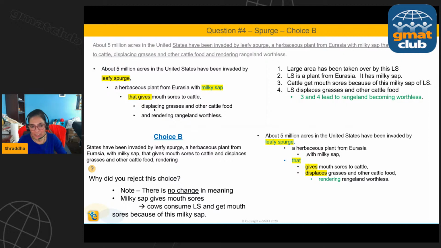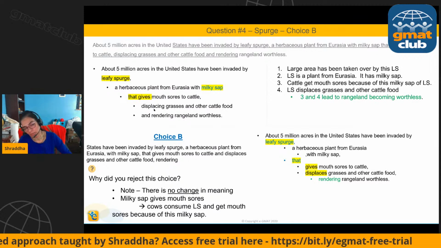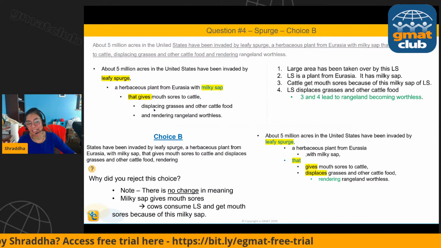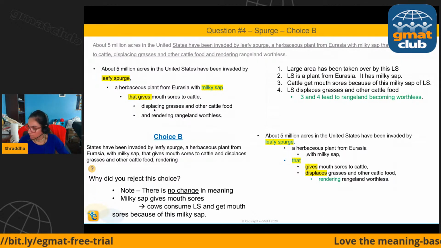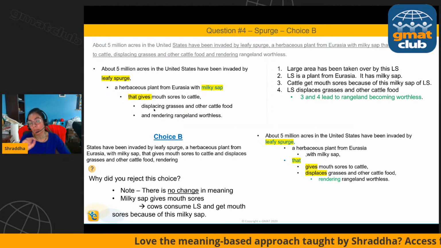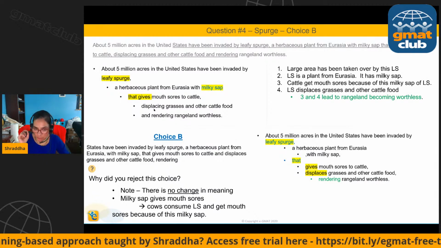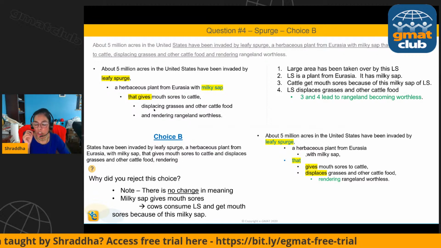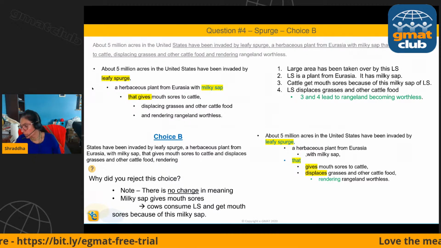Basically, if you do that, you are saying that, okay, 5 million acres have been invaded, and so 5 million acres displaced grasses. Yeah, basically the action of displacing was done by 5 million acres of land. That is wrong. That is absolutely incorrect. So you looked at the modification, but you forgot the second criterion. And that's why, Naval, register at e-GMAT and make good use of that free concept that we have on verb-ing modifier. Okay, do that.